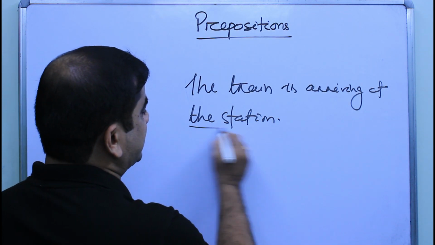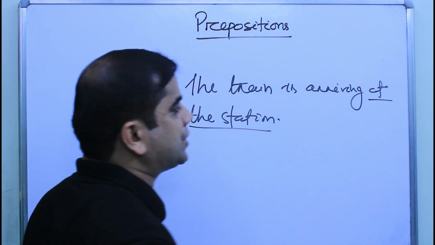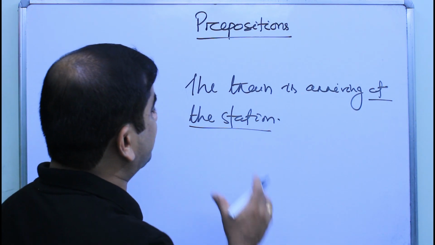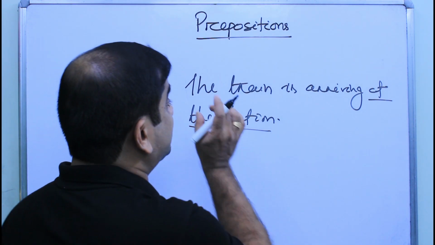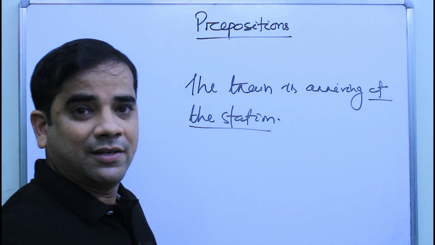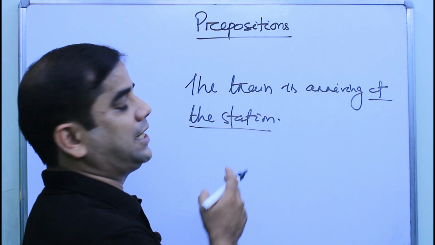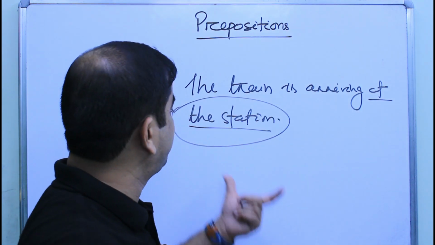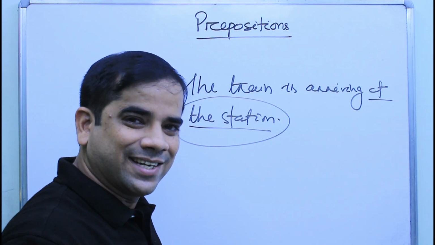The station is a noun before which we have used the preposition at, which has created the relationship of the station with respect to the other part of the sentence, that is the train is arriving. The train is arriving where? It is arriving at the station. So, the preposition at is creating the relationship between the station and the other part of the sentence.